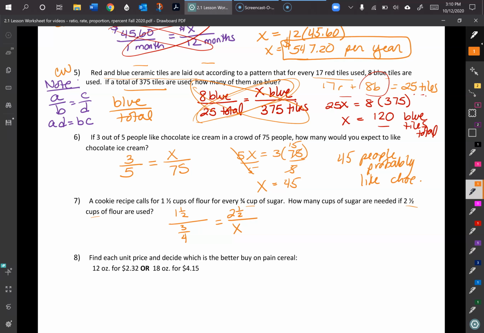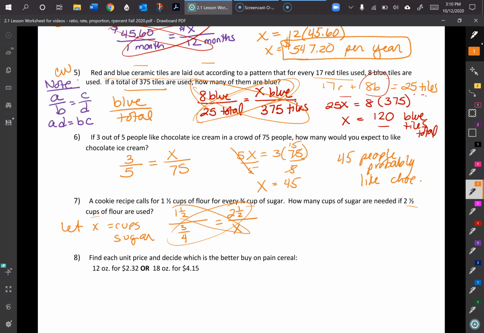So maybe I should write, let x equal cups sugar.